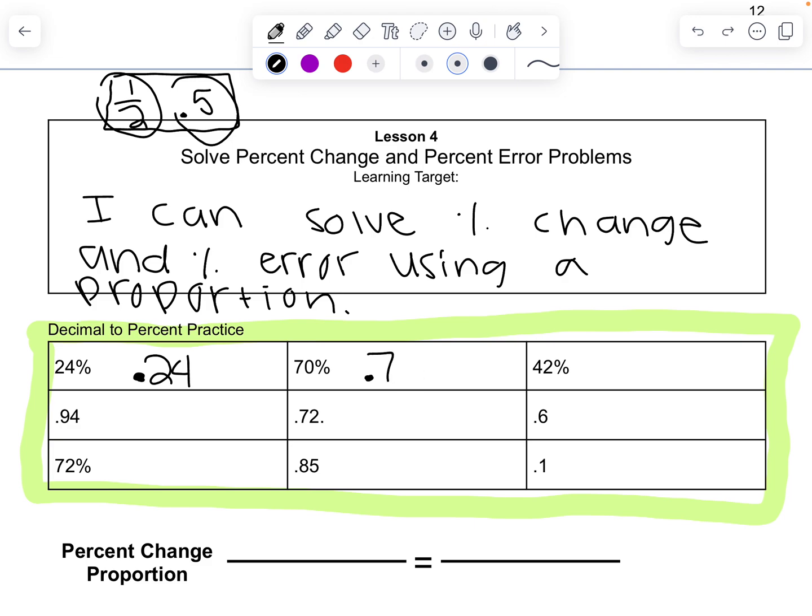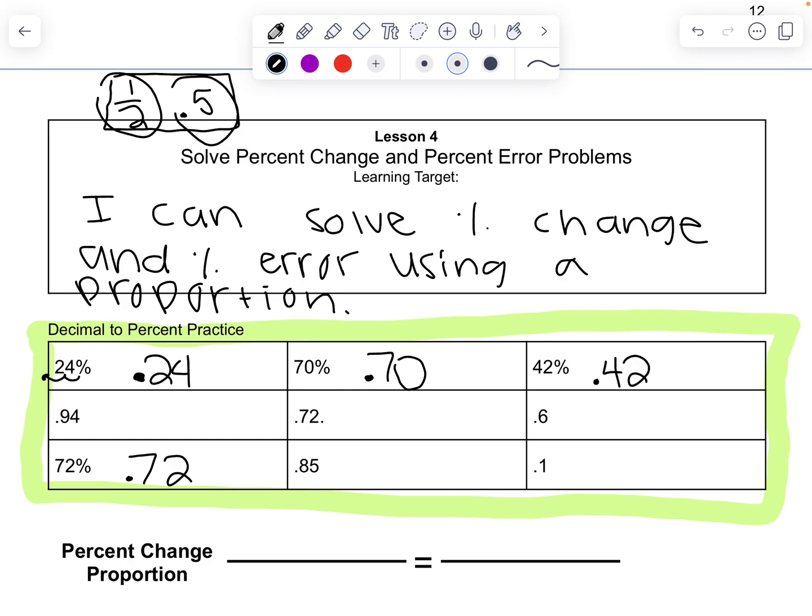You can have the 0, you don't have to. I'm moving the decimal over two places. So 42% is the same thing as 0.42. Now on your own, what is 72% as a decimal? Hopefully you're saying 0.72.